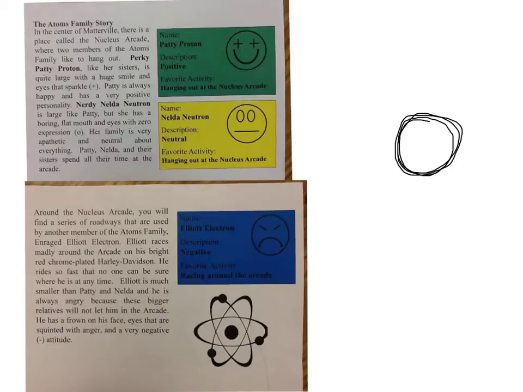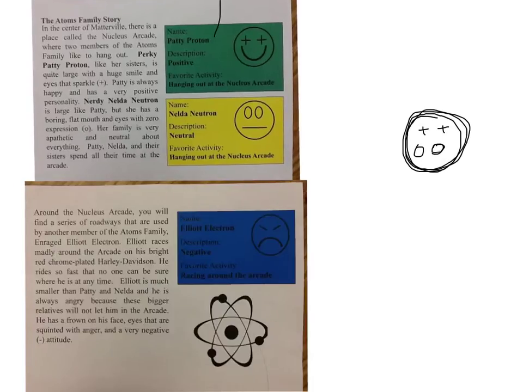Patty, Nelda, and their sisters spend all their time at the arcade. So in our atom, we can draw where Patty and Nelda hang out. They hang out in the nucleus. So we have Patty, and Patty is positive. So she has a positive charge, and she is a proton.